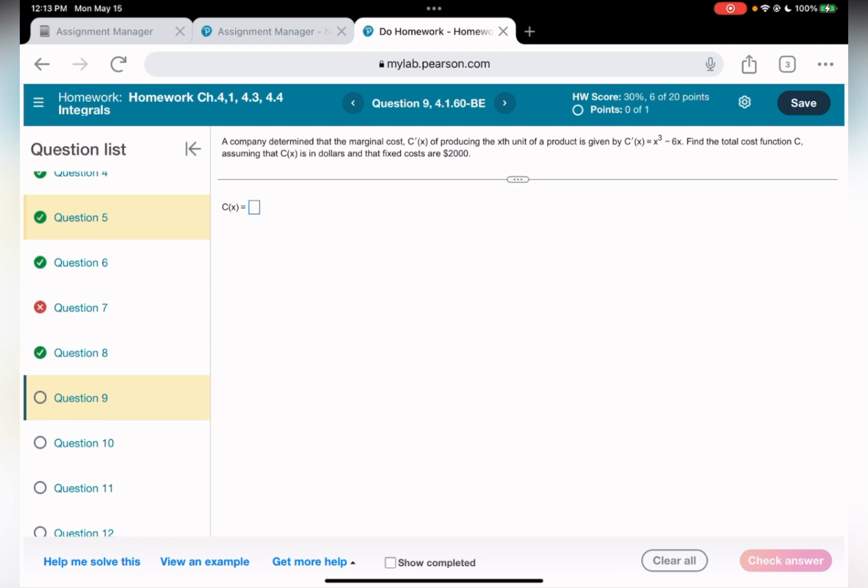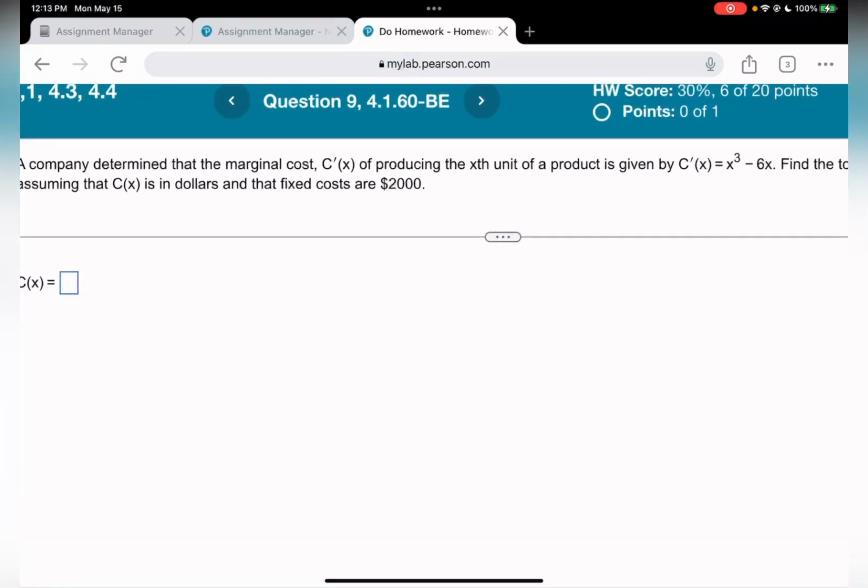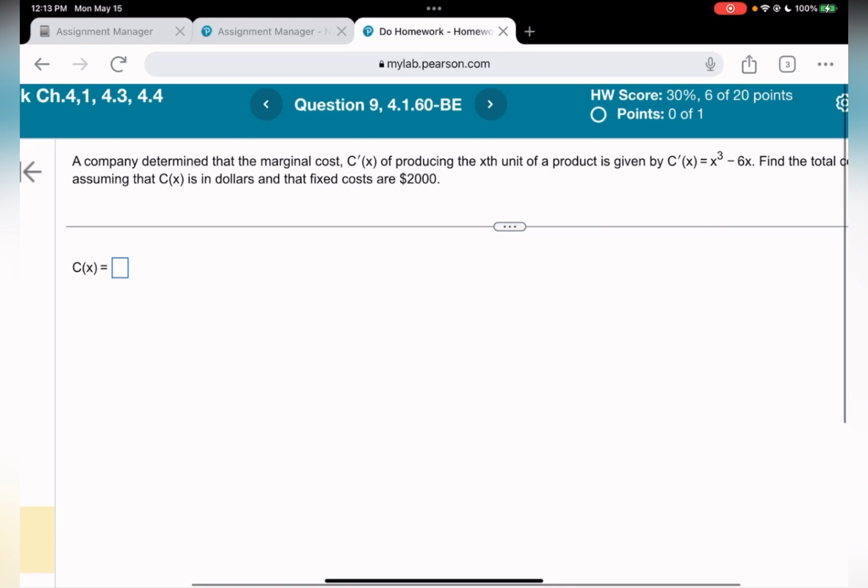All right. What do we have here? A company determined that the marginal cost C prime, it's given in the form of derivative, producing X units of product is given in the form X cubed minus 6X. Okay, I'm taking X cubed minus 6X. It's going to be our key equation, looks like.